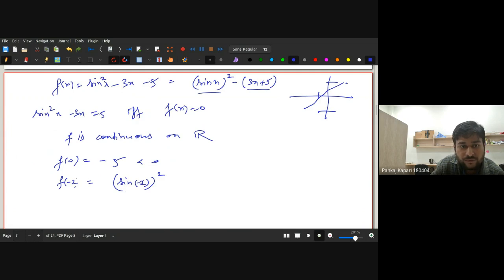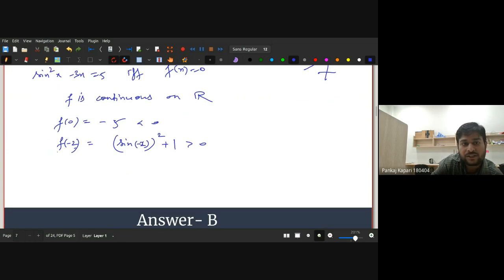We don't have to care about the sine function because it's already squared, so even if sine has negative values, the square will always be positive. At minus 2, this will be minus 6 plus 5, which is minus 1. Minus minus becomes plus, so this is plus 1. Now this is always positive. So you can see that the function is changing sign in the interval minus 2 comma 0.